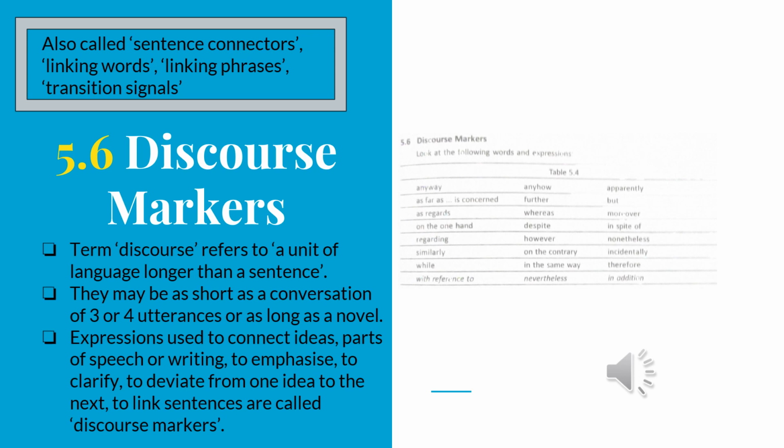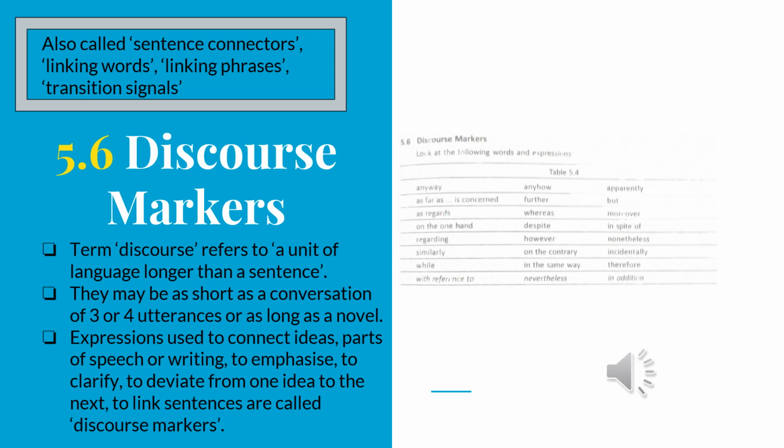There are other terms that are used to refer to discourse markers. They are sentence connectors, linking words, linking phrases, or transition signals. So all these terms give us an idea about what it is. Sentence connectors help to connect the sentences.